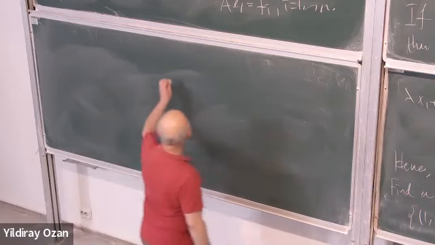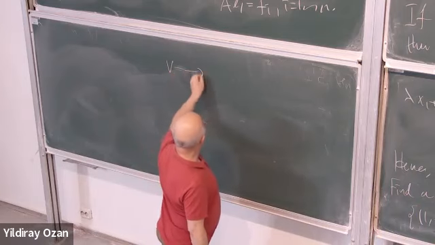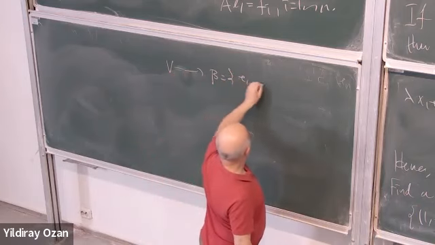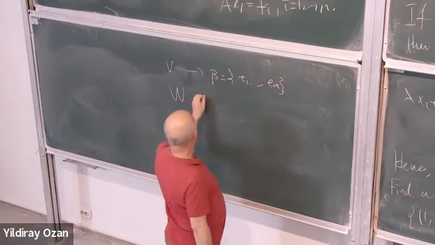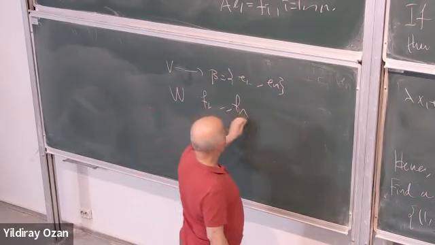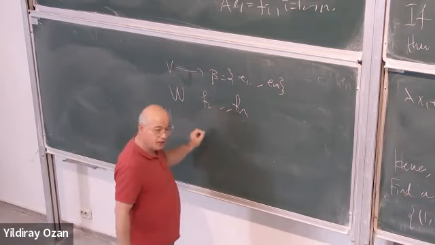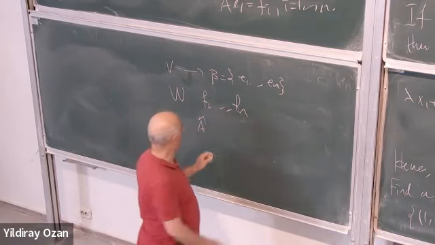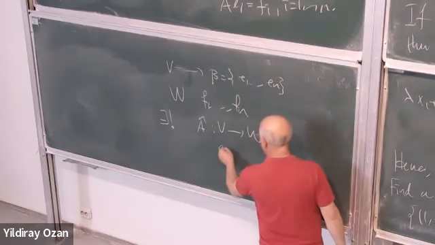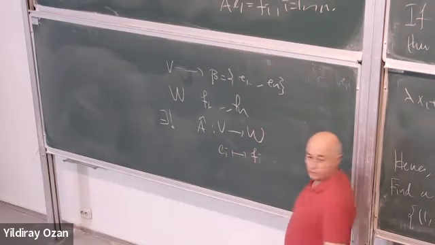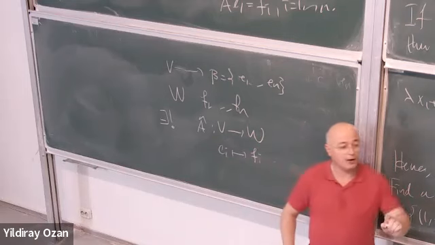If you give me a basis E1 up to En, and some other vector space W and elements, arbitrary elements F1 up to Fn, then there exists a unique linear map from V to W sending Ei to Fi. Let me prove this. It is linear by construction.